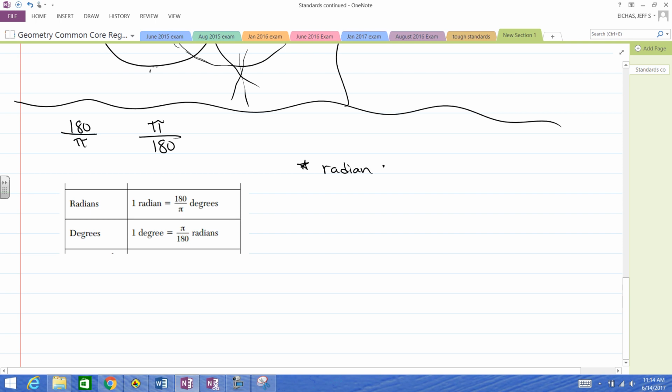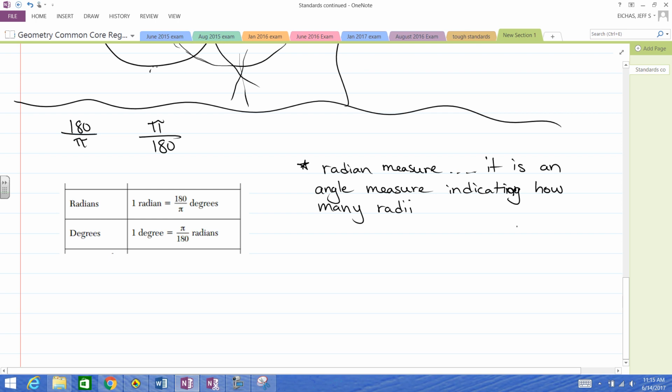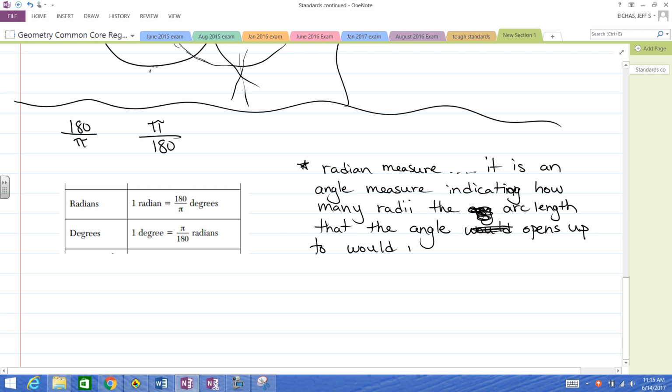Radian measure is an angle measure indicating how many radii the arc length that the angle intercepts, or opens up to, would meet.